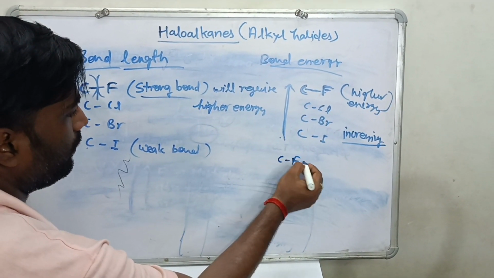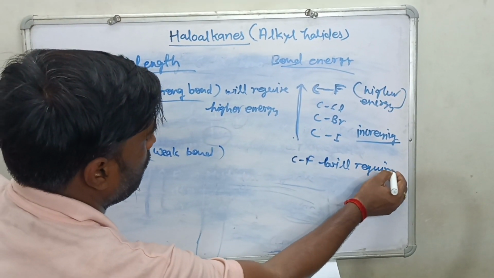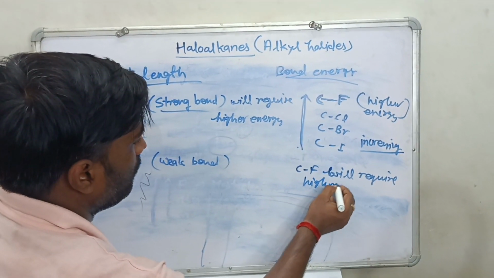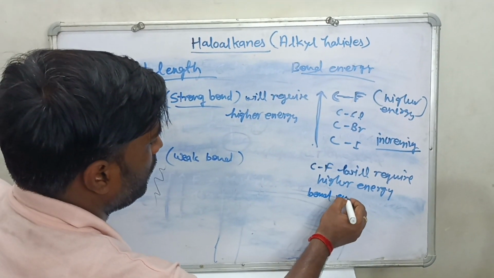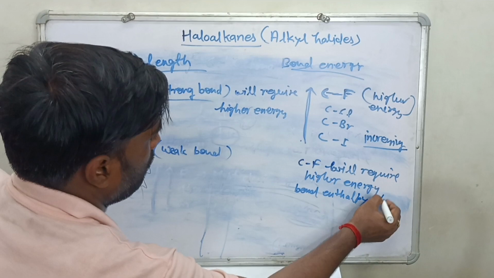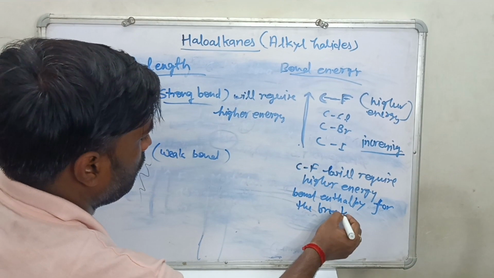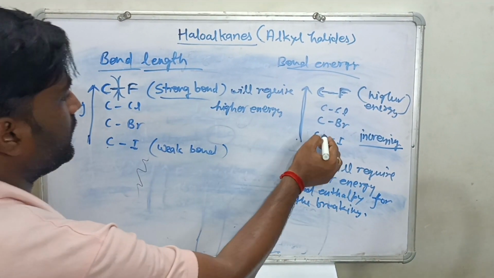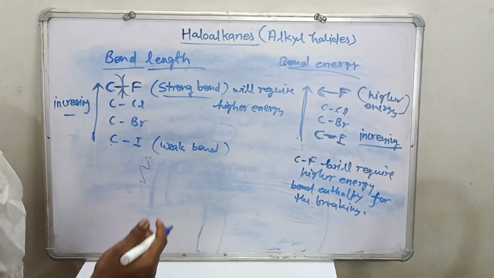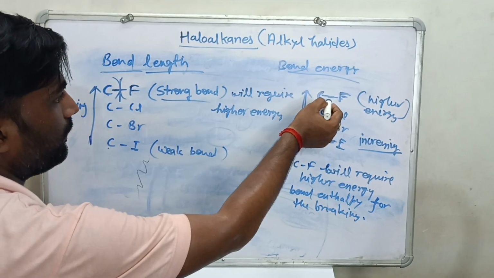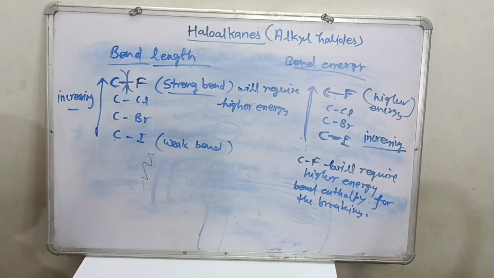That is, C-F will require higher energy or higher bond enthalpy for breaking, and the C-I bond will require very low bond energy to break. So C-F has high bond enthalpy and C-I has low bond enthalpy.